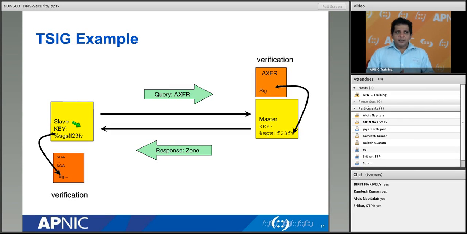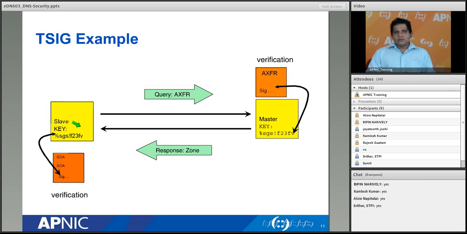How do we maintain this consistency? Through the serial number. They have to have the same serial number. So when the secondary comes, if it finds the primary has a larger serial number, the secondary knows that the primary has done some zone updates, so the zone transfer happens.